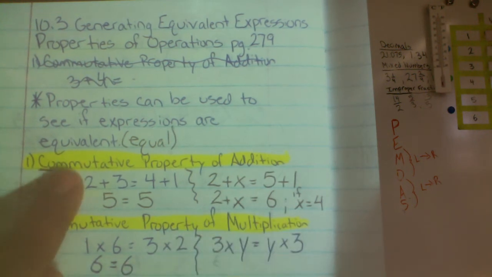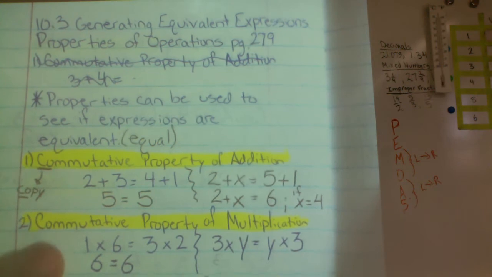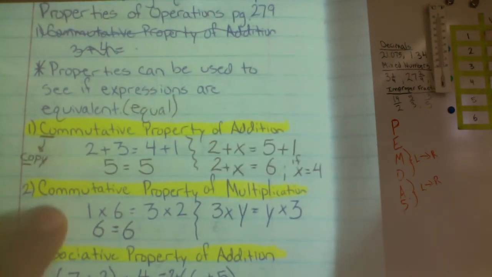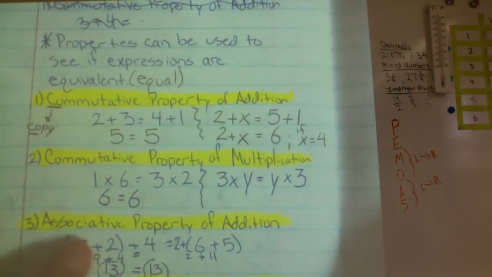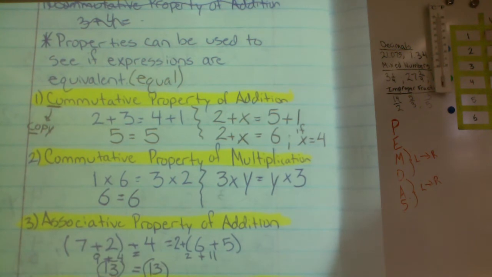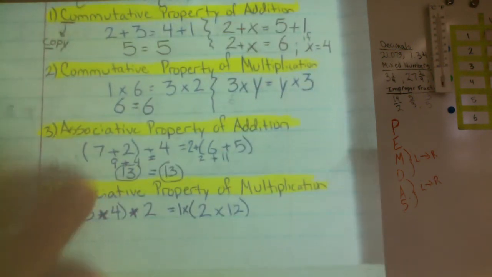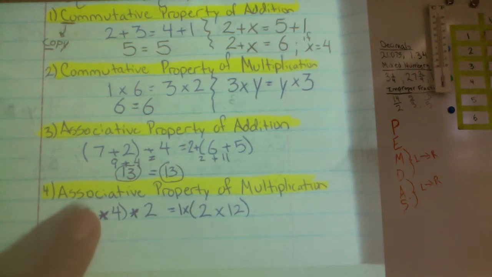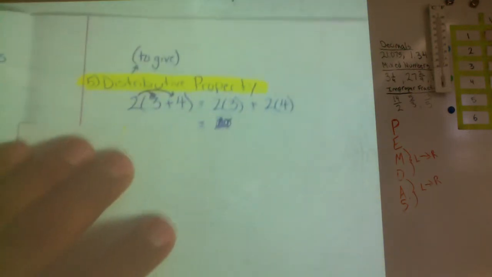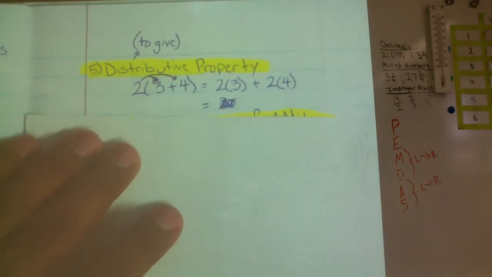So that's the commutative property of addition, the commutative property of multiplication, the associative property of addition, where we have parentheses in here, the associative property of multiplication, and then we got to some of the harder stuff. We got to the distributive property.